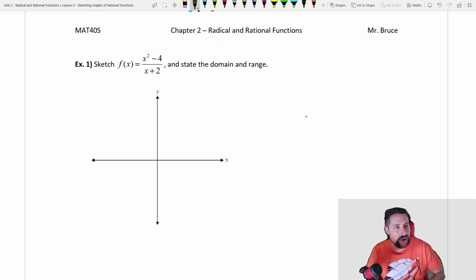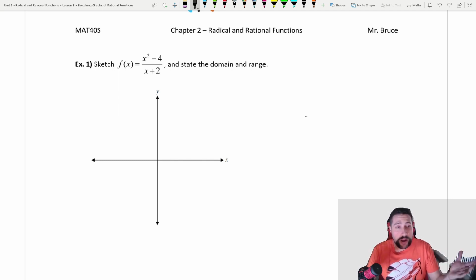So example number 1 says, sketch f of x is equal to x squared minus 4 divided by x plus 2, and we're going to state the domain and range. Okay, so with the steps to graphing, it does say to factor first. Me personally, I like to do the horizontal asymptote first, just to get it out of the way. Okay, so then we can go ahead and graph that as well.